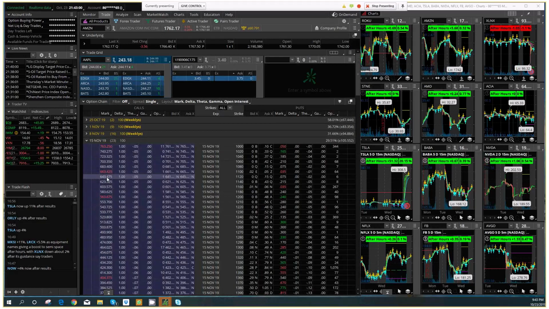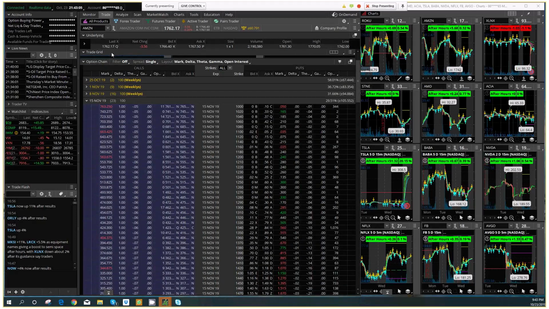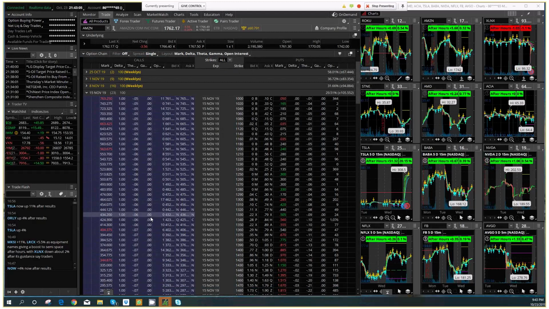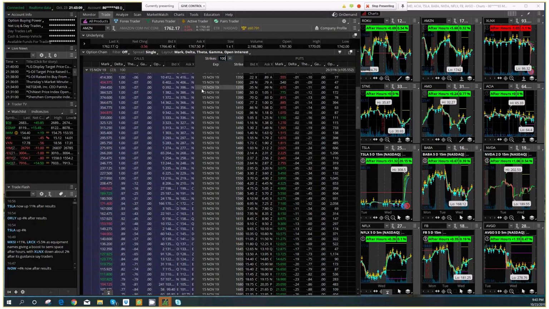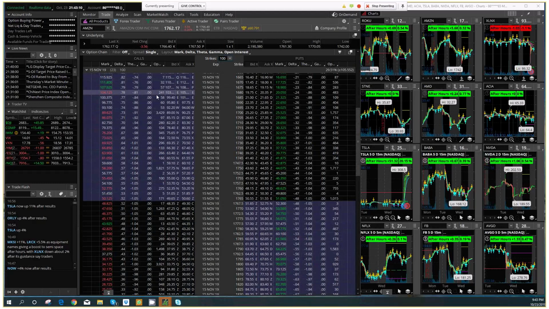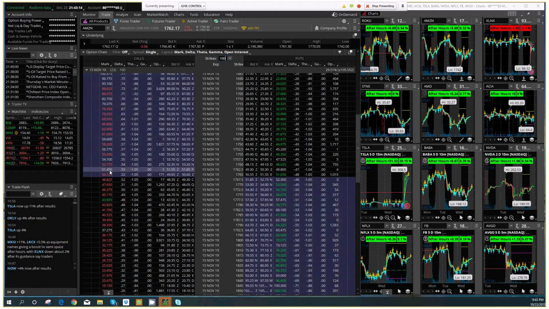The closing price was roughly $1,762. So we could spend $176,000 for 100 shares, or we could spend about $5,000 roughly to control 100 shares until November, 23 days from now. That would be $5,000, a lot less than $176,000.